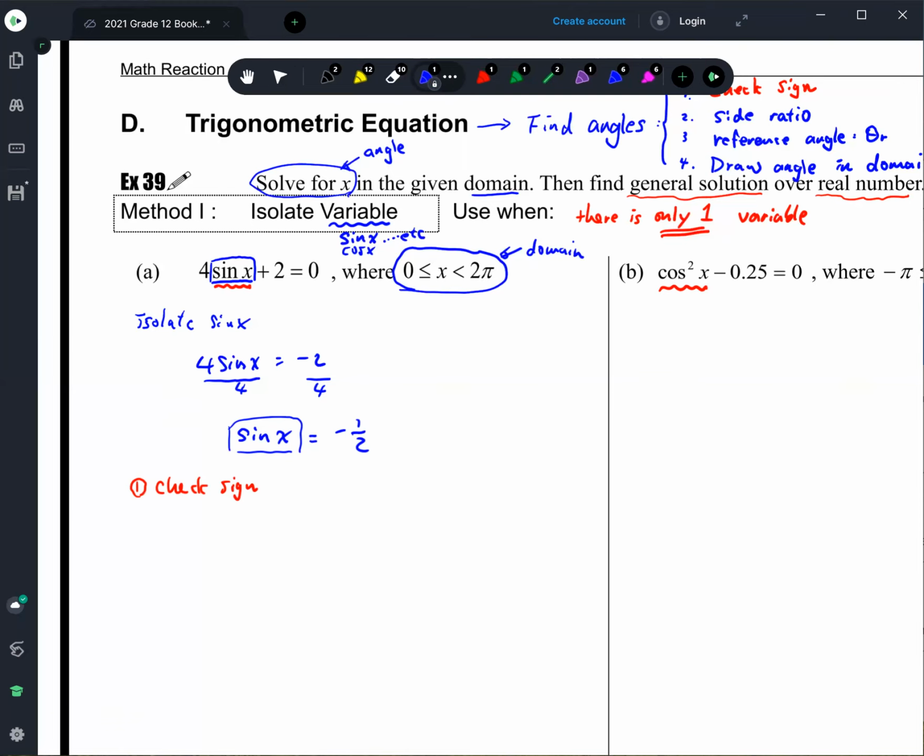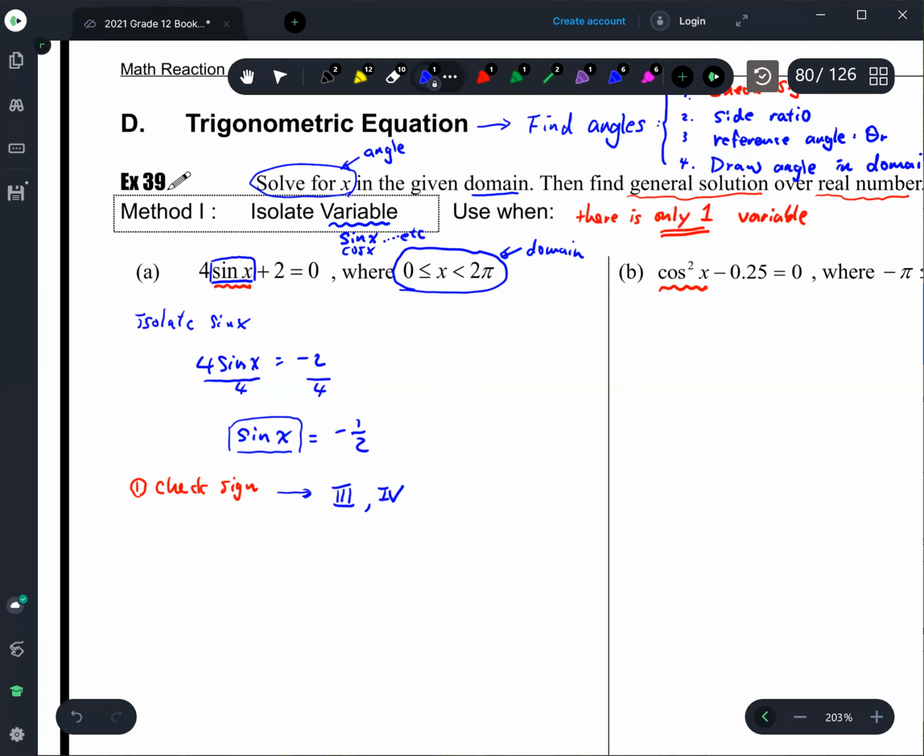Which quadrant is sine negative? Marcus? Where is sine negative? Quadrant 1, 2, 3, 4. Hold on, I need to find a note. It's negative in 3 and 4. Very good. So we write down quadrant 3, quadrant 4.